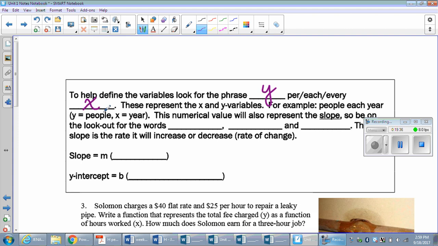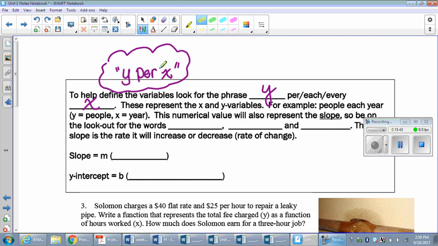And this is a phrase we're going to say a lot. So I'm actually going to write it up here and highlight it, so that if you ever want to look back into your notes, you'll see where we first started talking about this. This is a great strategy to help us add to our toolbox in terms of being able to define variables correctly.